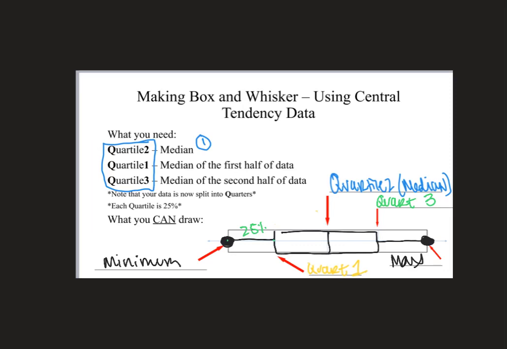Between your Q1 and your Q2 is 25%. Q2 to Q3 is also 25%. And then Q3 to max is 25%.